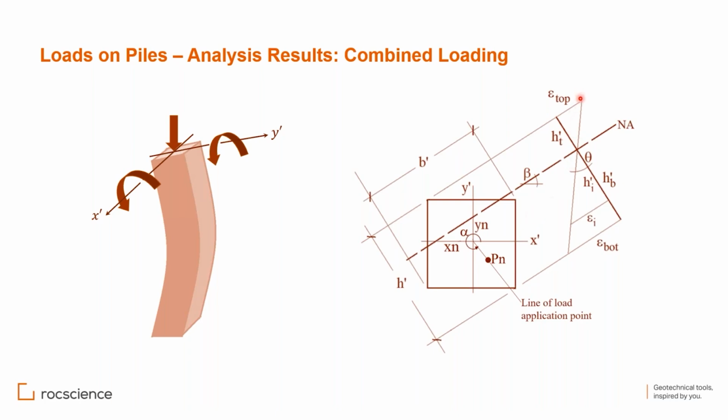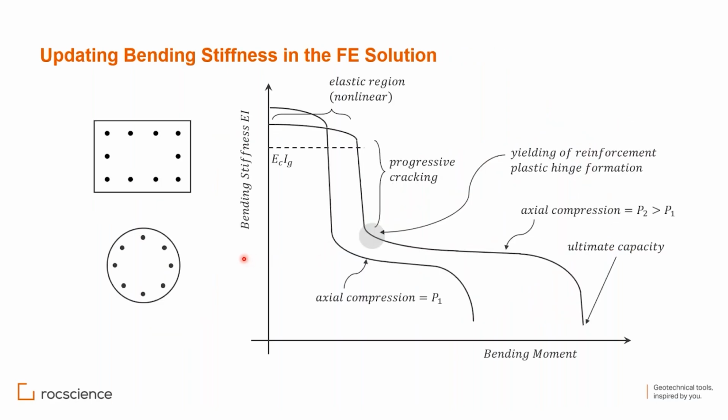Of course, we continue assuming that the strains are linear. Plane sections before bending remain plane after bending. We also added in RSPile updating of the bending stiffness in the finite element solution, which is rare usually, but it's more accurate. So we do this in RSPile.